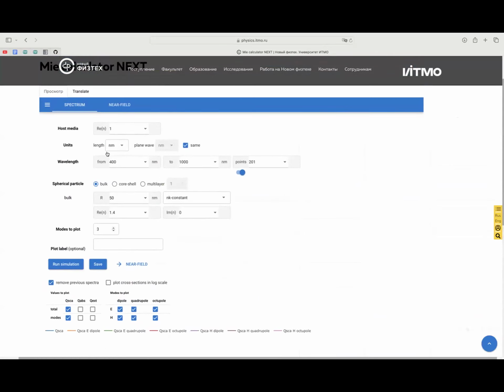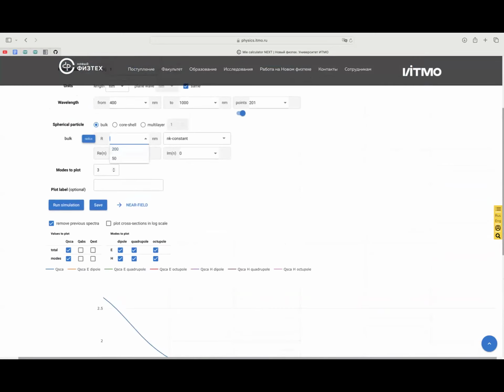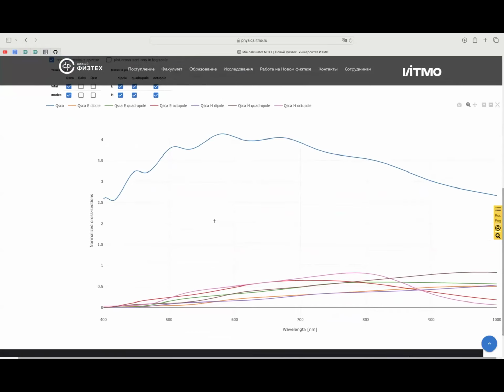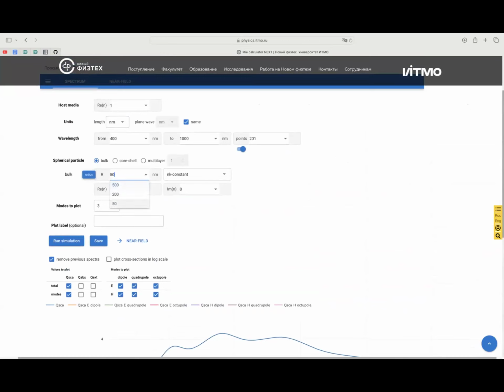And if we increase the radius of the sphere, maybe to 500 nanometers, we can see that there are some oscillations, some resonances.